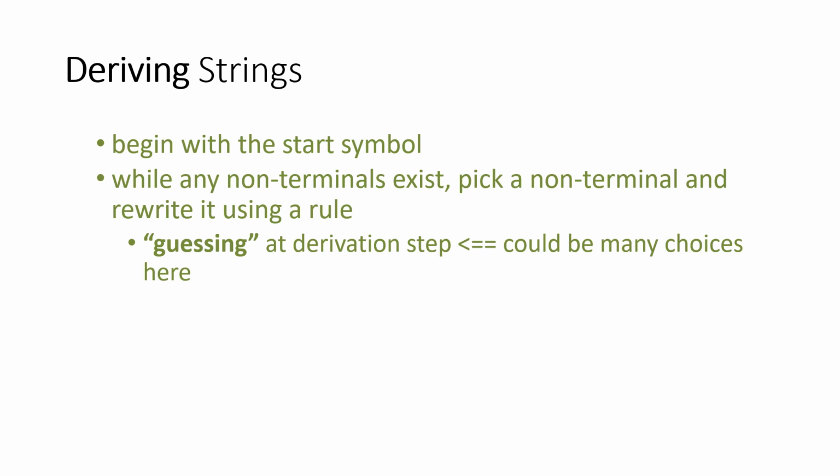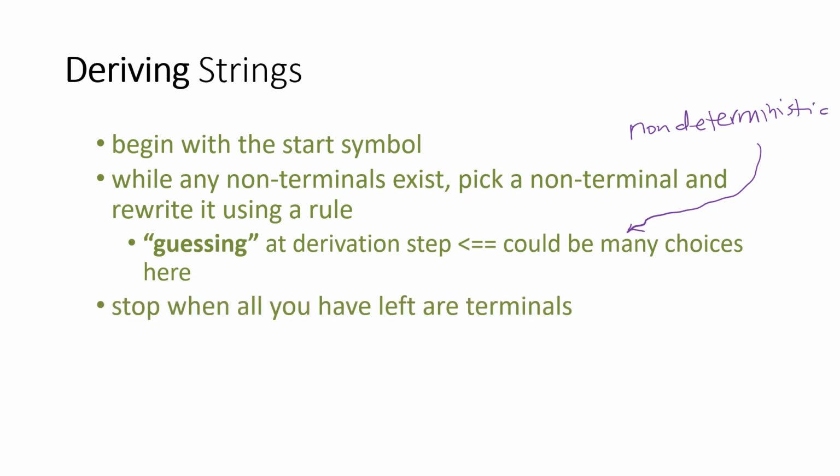So one new thing to think about, well, not that new, is that this is actually non-deterministic choice. And you stop when all you have left are terminals, and hopefully it's a string that you like.